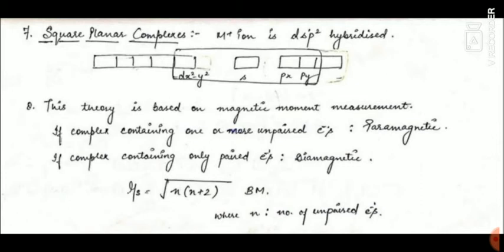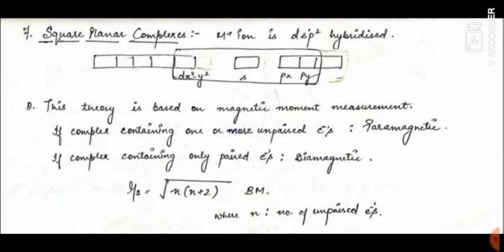Firstly we discuss square planar complexes, where the metal is dsp2 hybridized. In coordination number 4 we have two conditions: dsp2 or sp3.